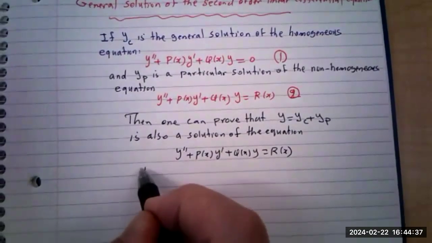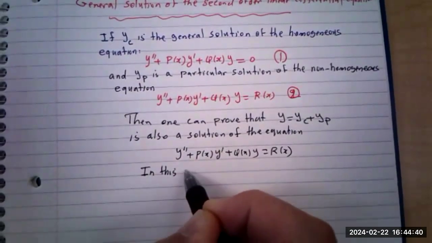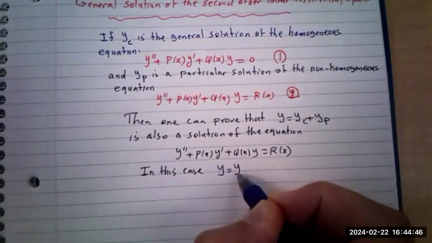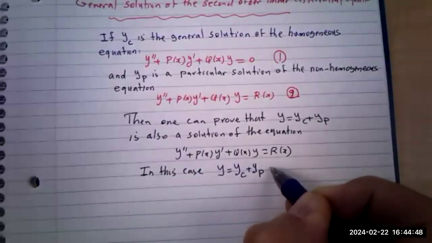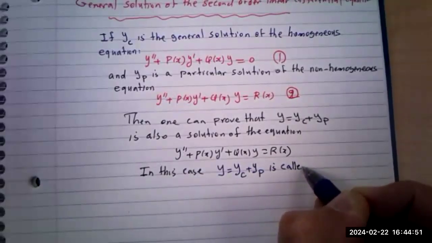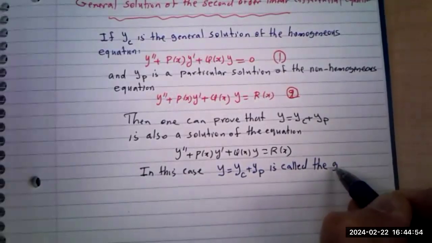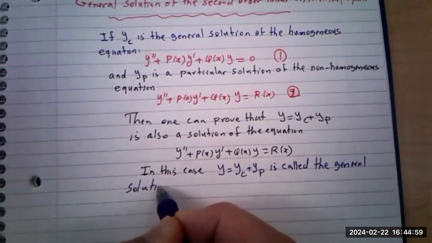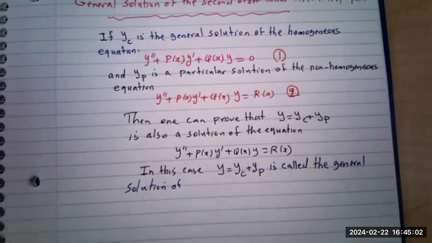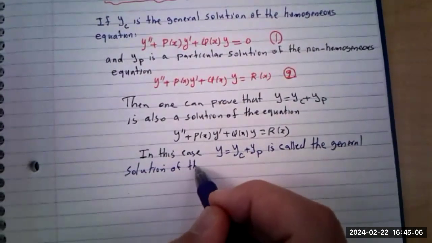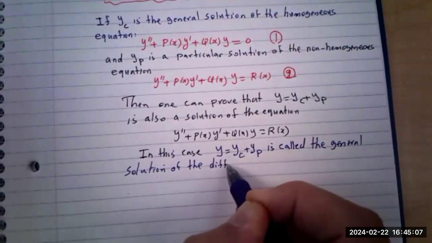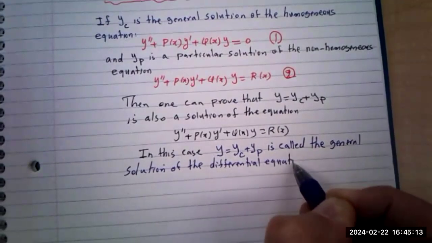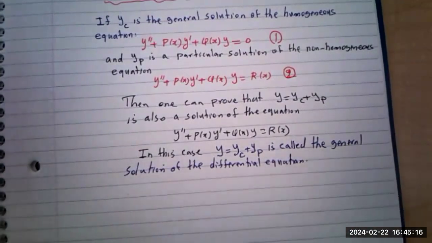In this case, y equal to yc plus yp is called the general solution of that non-homogeneous differential equation, the one that we did over here.